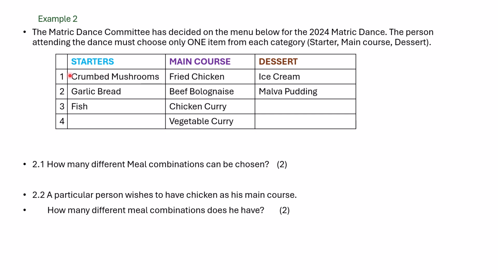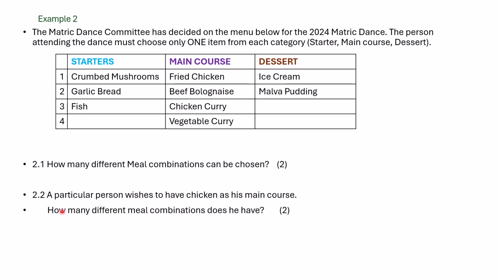For starters, we have crumbed mushroom, garlic bread, or fish. Main course, we have fried chicken, beef bolognese, chicken curry, vegetable curry. For desserts, we have ice cream and malva pudding. Right, so how many different meal combinations can be chosen?